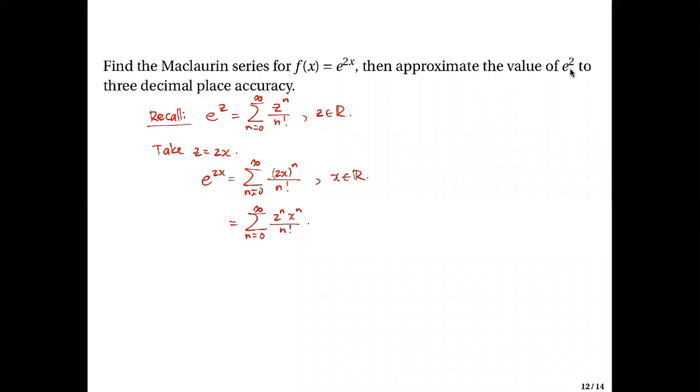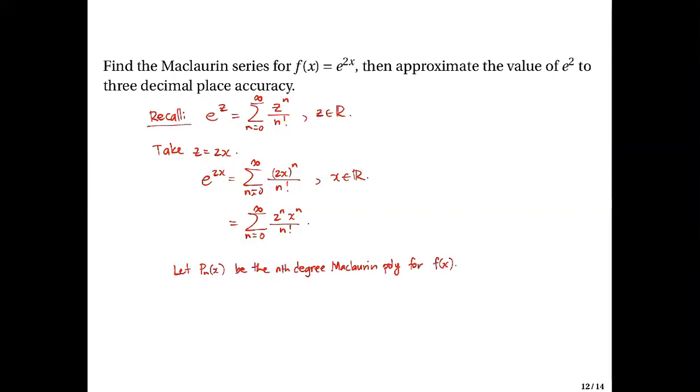Now, let us approximate the value of e squared to 3 decimal places of accuracy. To do this, let's start with the following. We let p sub n of x be the nth degree Maclaurin polynomial for the function f of x.